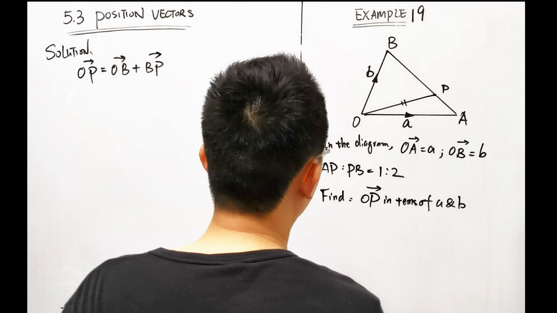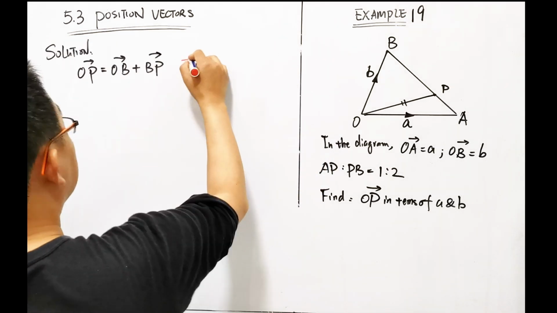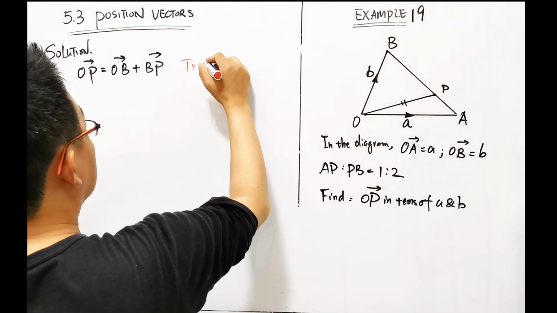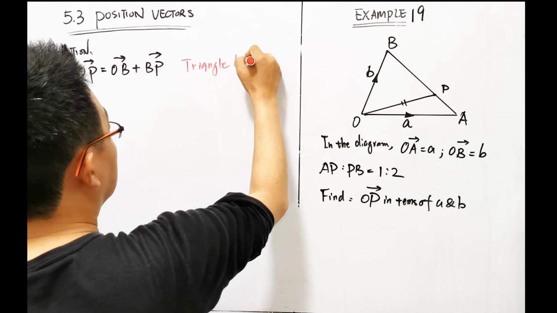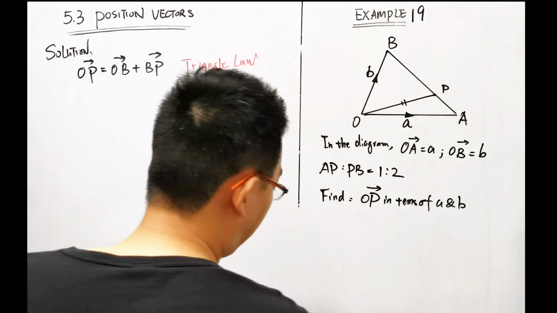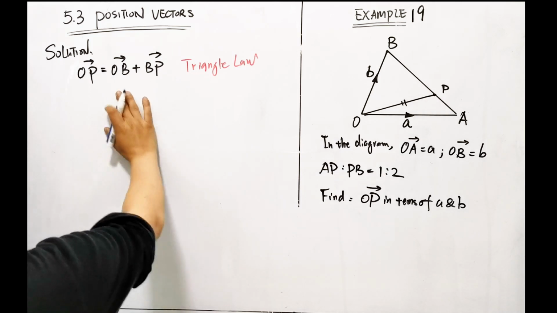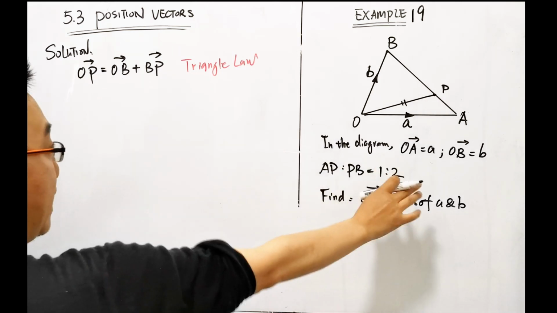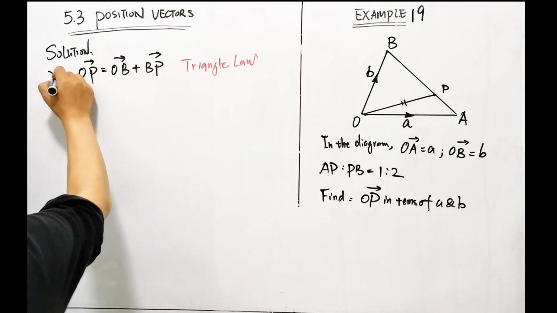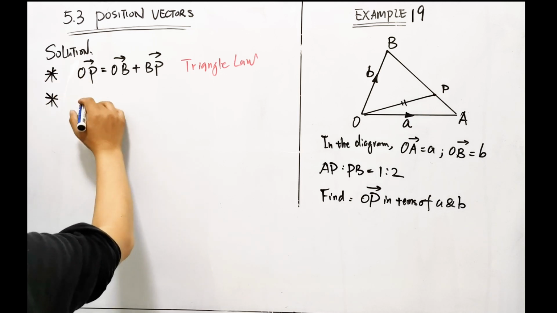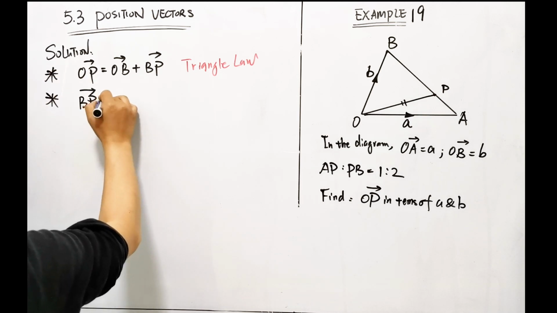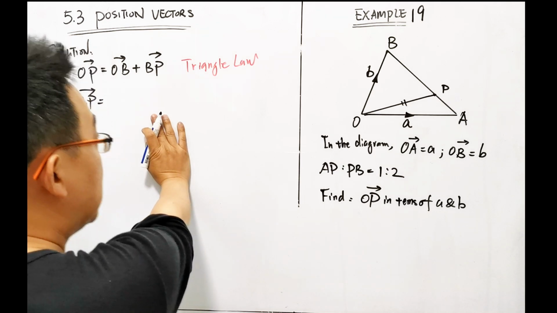So from here we use the triangle. OA we already know, OA is A. So now the question is to find BP, right? So what's the BP?